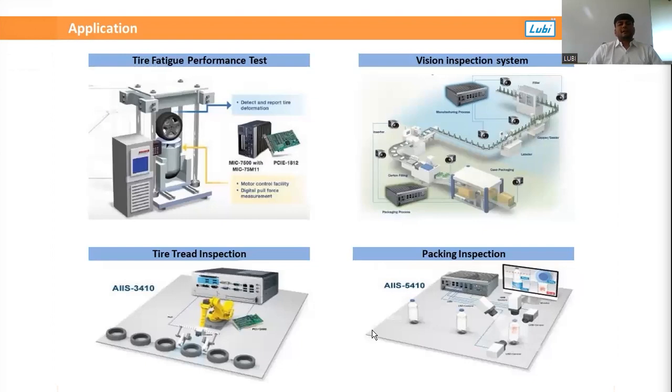A few other applications are there: tire performance applications, vision inspection, tire tread inspections and packaging inspections. So multiple applications are there, in which we can use our IPCs and networking products. Along with these vision applications, we are using our Cognex cameras.